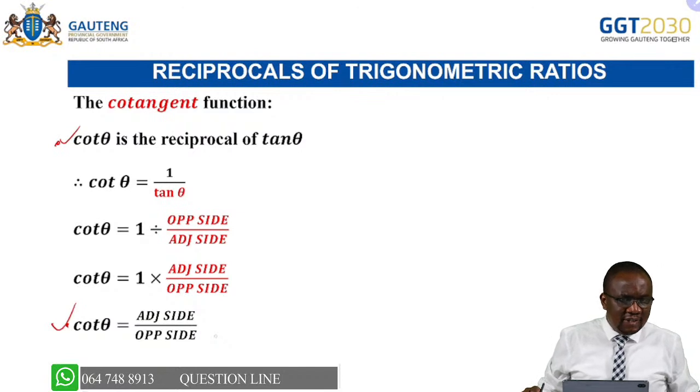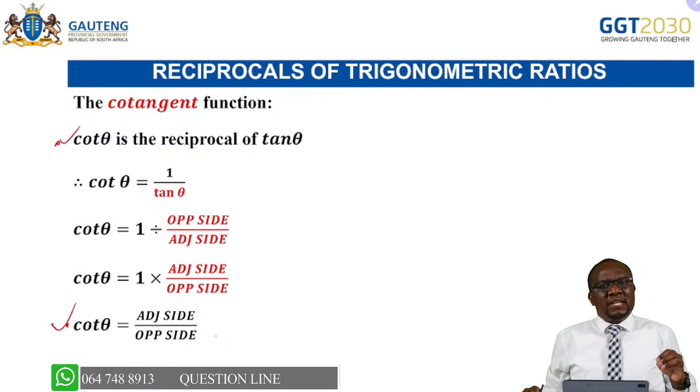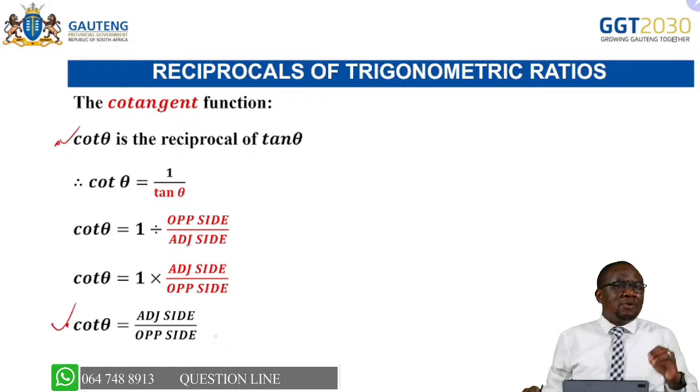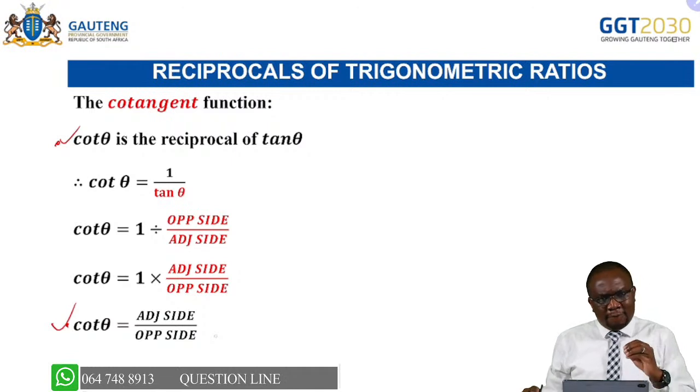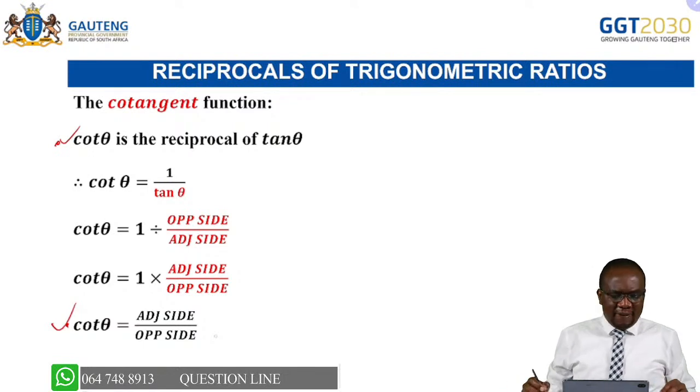The reciprocal of tan theta is cot theta, which is adjacent over opposite. Don't forget that. You are going to get questions on trigonometric ratios and their reciprocals.